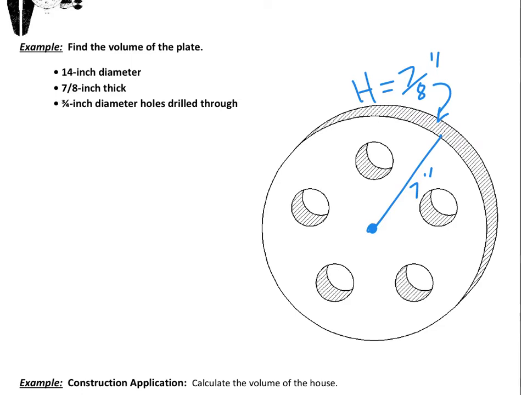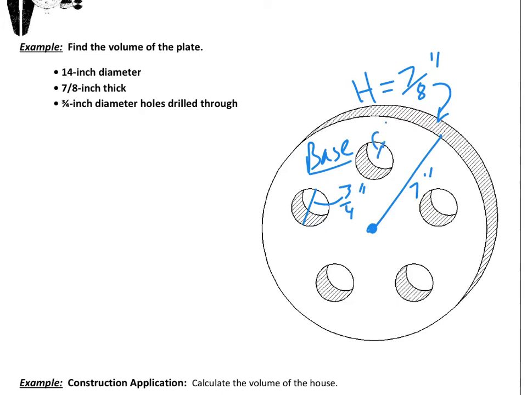If we find the area of the base, which is this white area, then we can multiply area of the base times this height, 7/8. All right, so this is 3/4 inch diameter, which means our radius, what's half of 3/4?